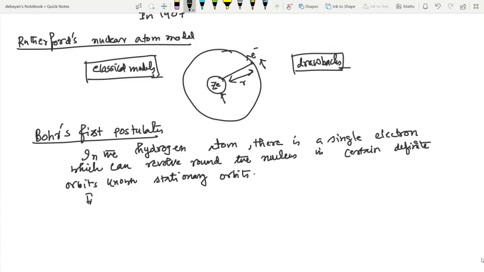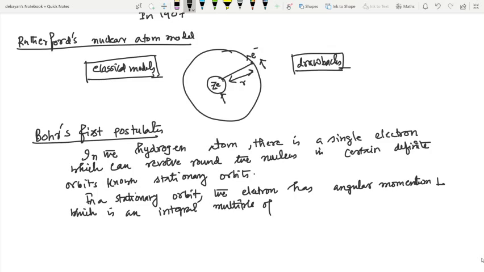If the electron is in a stationary orbit, the electron has angular momentum. Say the angular momentum is L, which is an integral multiple of h cross.